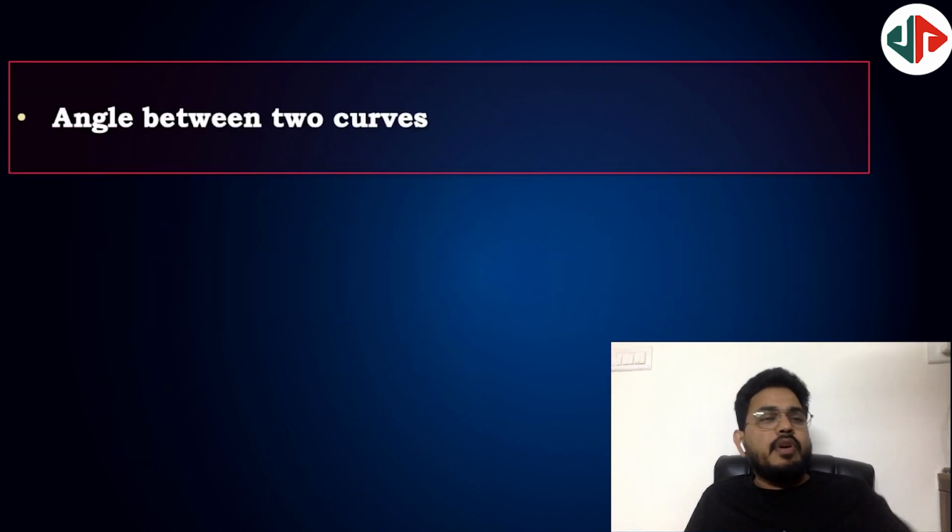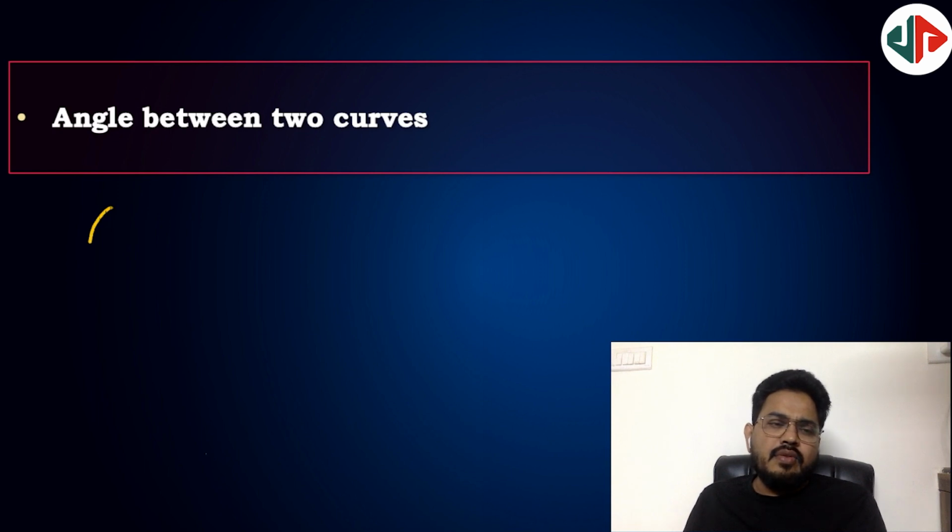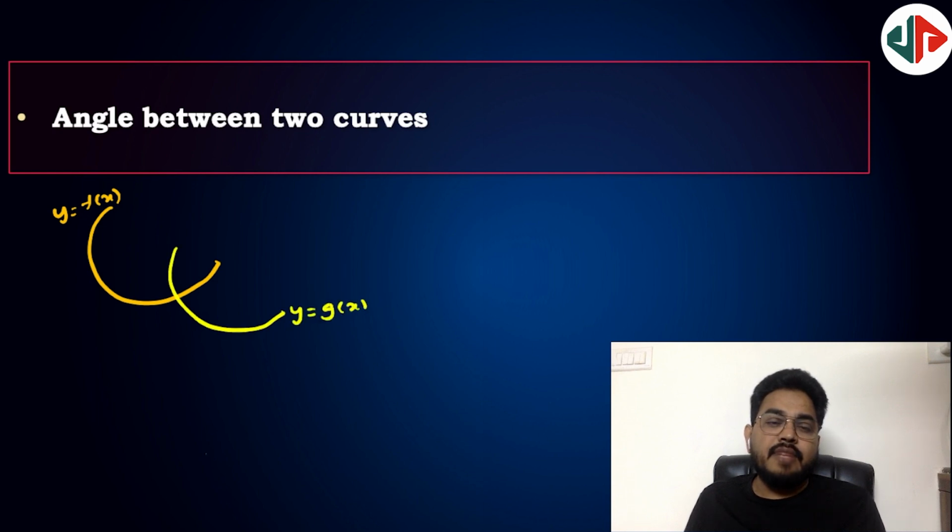Another important point is the angle between two curves. So y is equal to f of x is one curve and you have another curve y is equal to g of x. If these two are intersecting at x1, y1, so y1 is equal to f of x1, y1 is equal to g of x1.